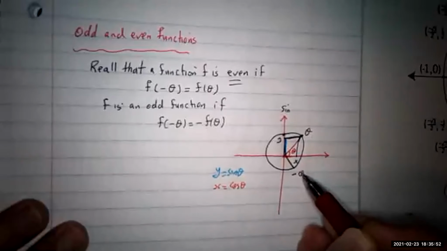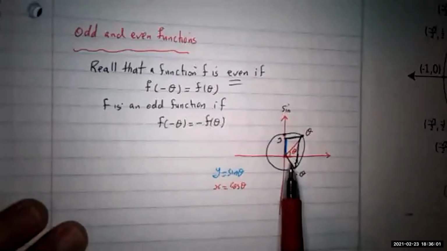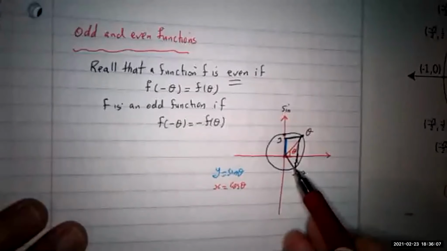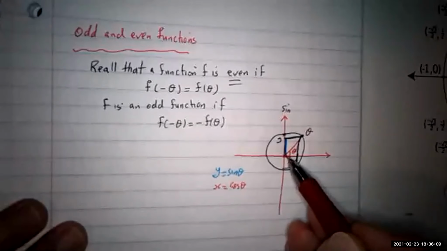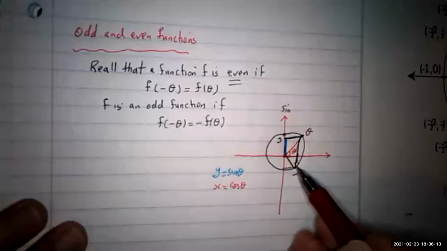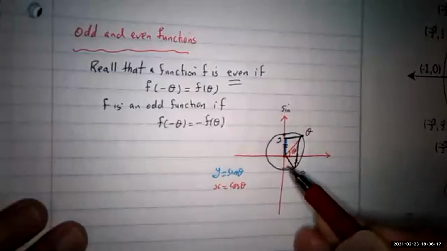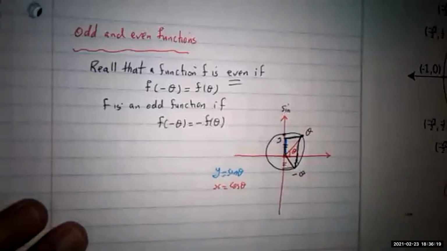Now, if you want to find the sine and the cosine again, you see, look at this one. In both cases, the cosine would be the same, because this is the cosine of theta, and at the same time it is the cosine of the negative theta. But the sine, you see the top and the bottom, are going to be opposite of each other.